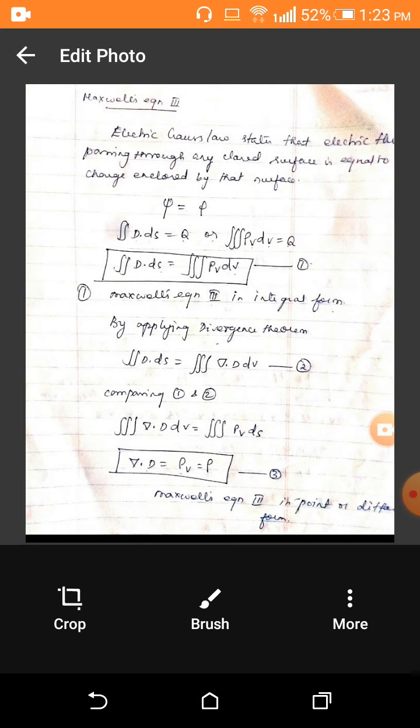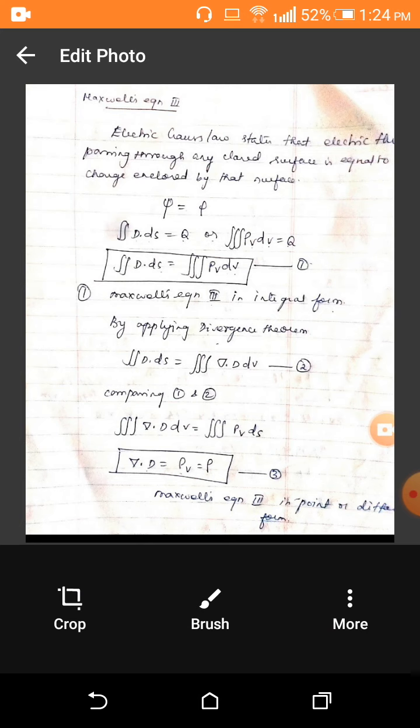To find Maxwell's equation in differential form, we are going to apply the divergence theorem. The divergence theorem states that the charge enclosed in a closed surface is given by the volume charge density over that volume. That is, double integral D dot dS is equal to volume integral del dot D dv.